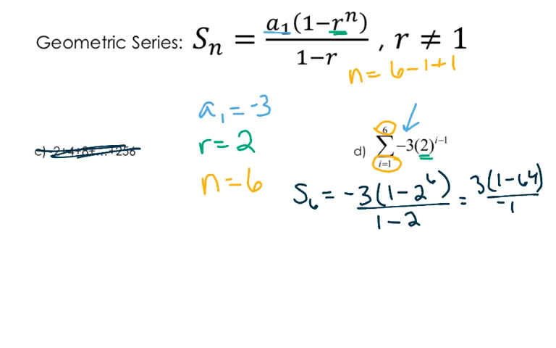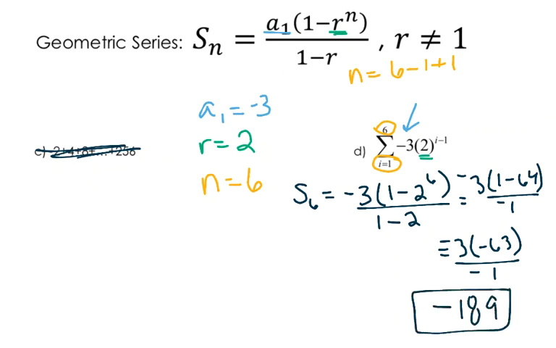I have 3 times negative 63 divided by negative 1, sorry, I dropped my negative 3 here. I just noticed that. So negative 3 times negative 63 is positive 189. Divided by negative 1 is negative 189. So my sum is negative 189.